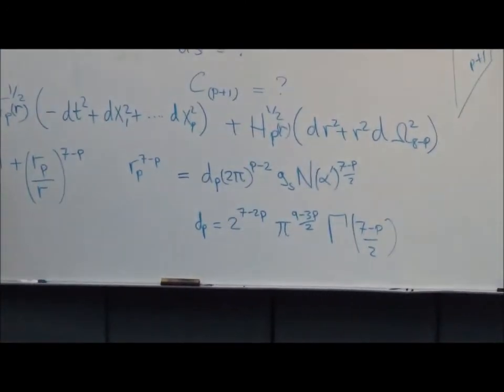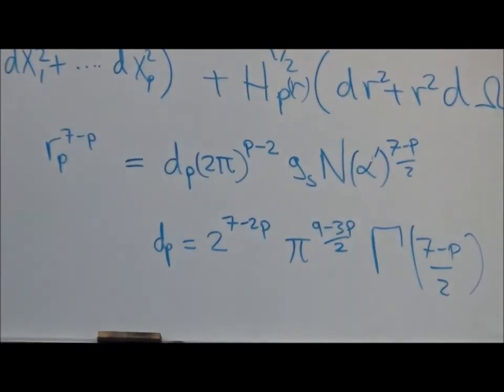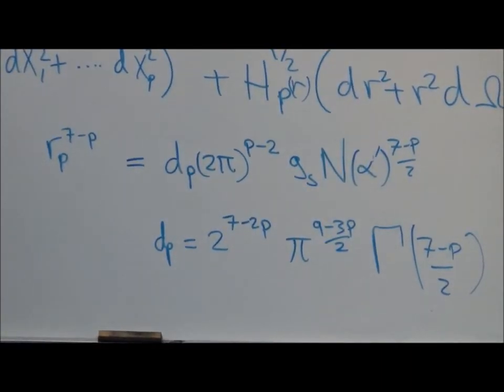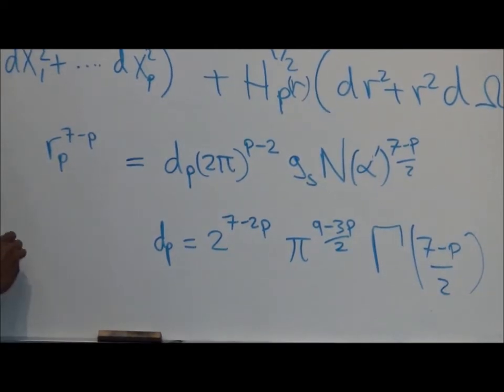Now, it turns out, you should be able to anticipate that the charge had better get the same function involved in order to make sure that mass equals charge at the end of the day. And it enters in this way.